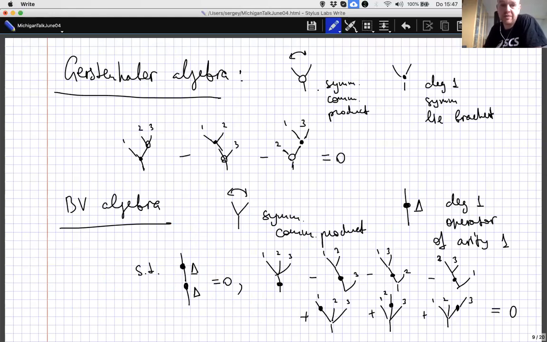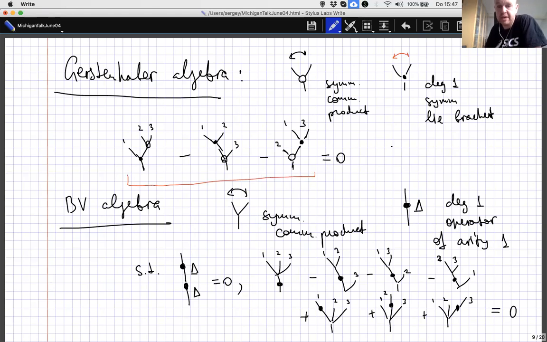So that in the case of Gerstenhaber algebra, I have a symmetric commutative product. And I also have a symmetric degree 1 Lie bracket. And the point is that when I try to apply the Lie bracket after I apply commutative product, I have this kind of identity.